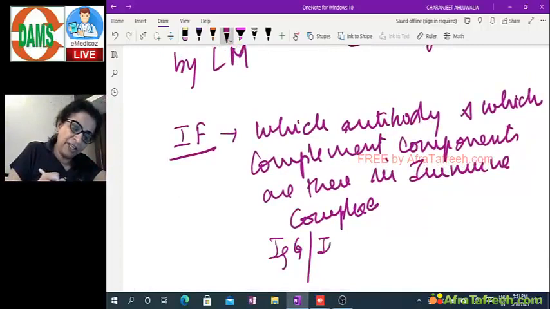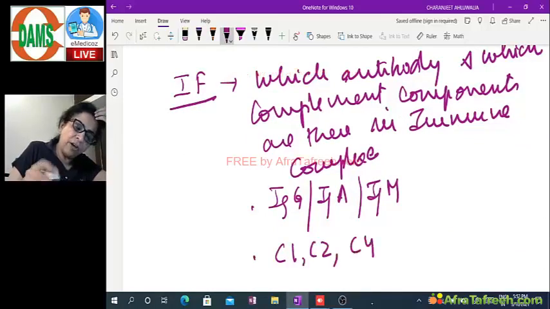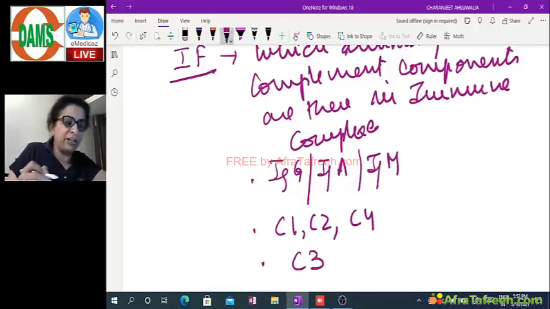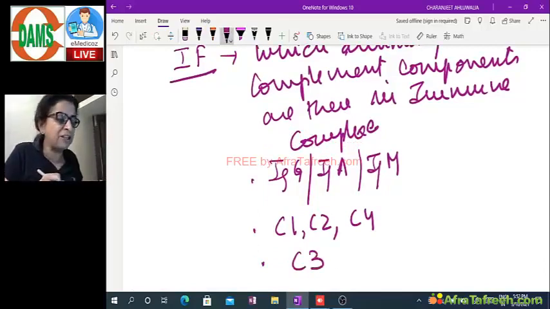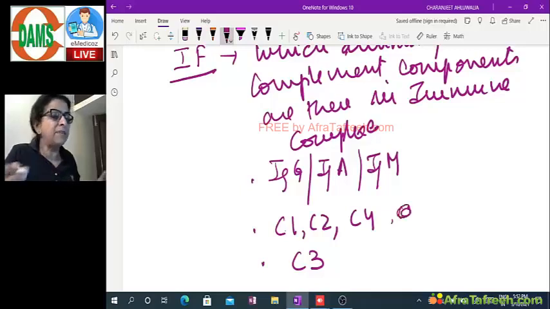Do they have IgA antibody? Do they have IgM antibody? These are the options. It will be either IgG, IgA, IgM or a combination. Or do they have C1, C2, C4, which will indicate classical, or do they have only C3? If C1, C2, C4 along with C3 are present, that means it's a classical pathway.